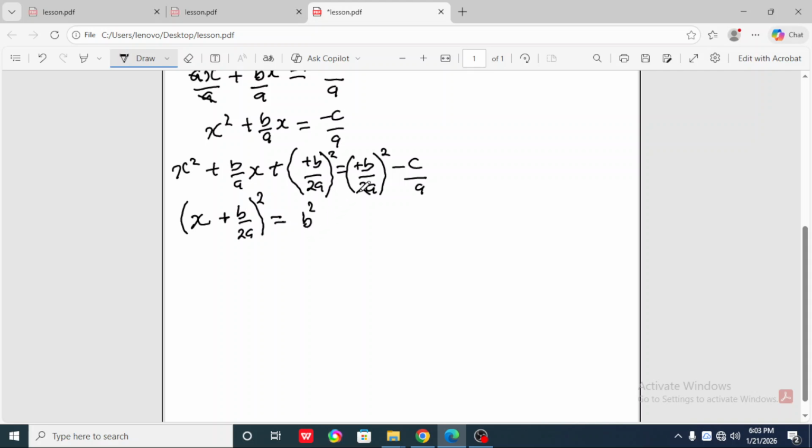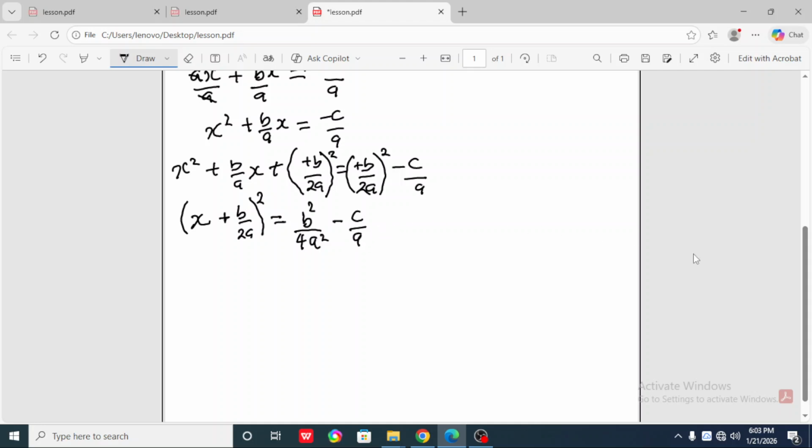Then the denominator now, 2a squared. So we are taking them one after the other. 2 square means 2 times 2, which is 4. Then a square, we have a square, then minus c over a. That is this.